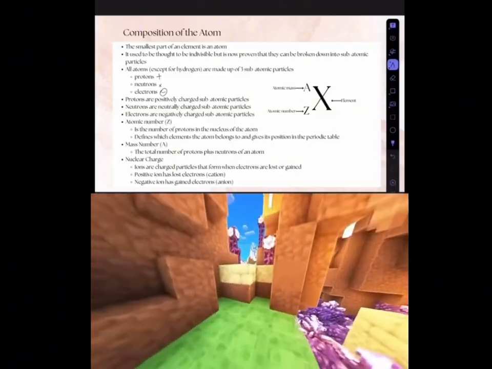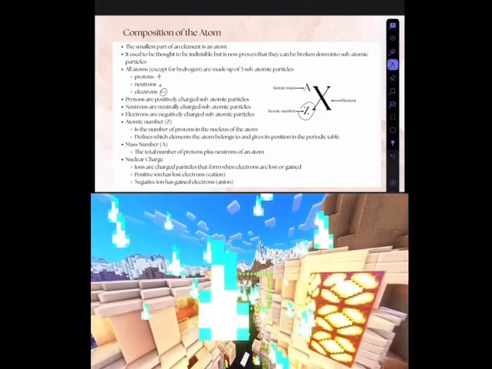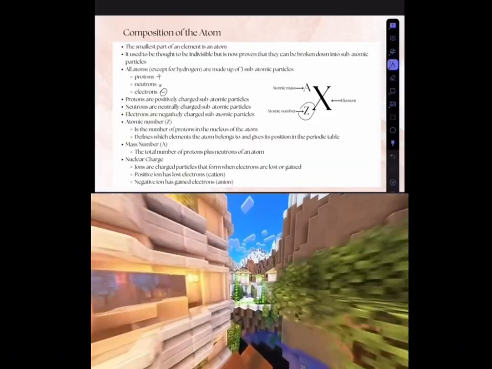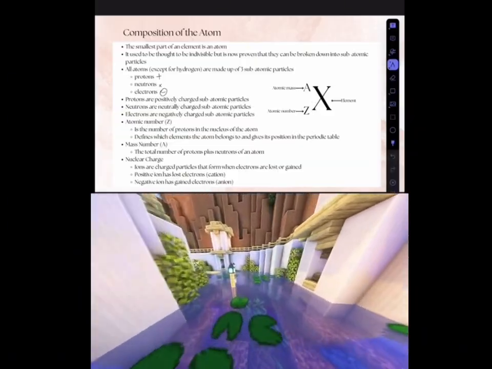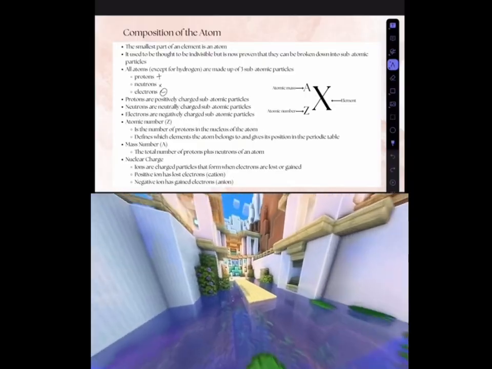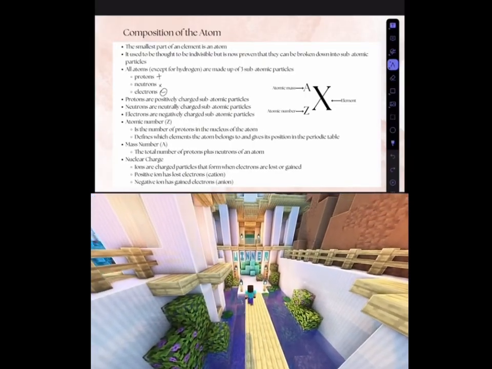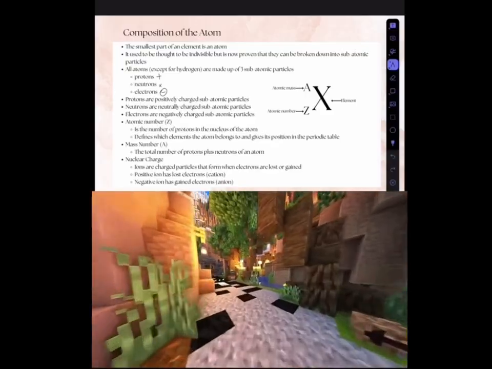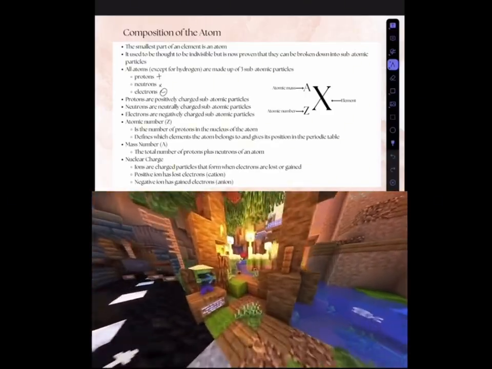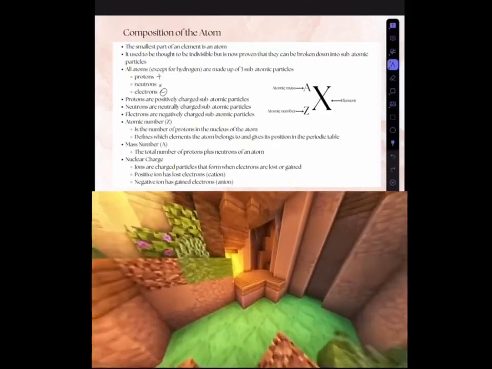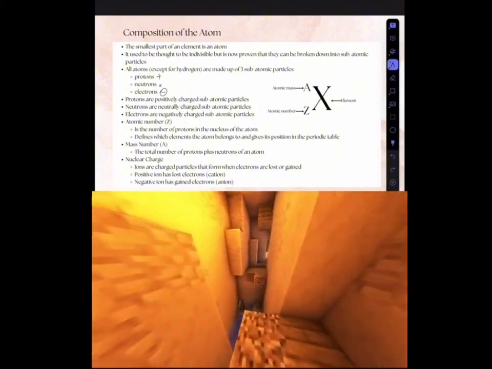Atomic number, so this is the number that you would identify on a periodic table, and this also signifies the amount of protons in the nucleus of an atom. So it defines which element the atom is and gives its position in the periodic table.